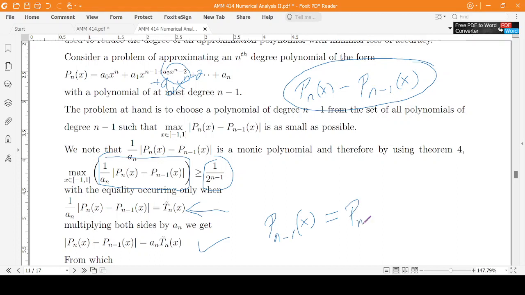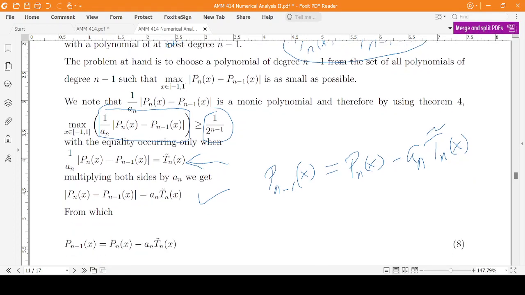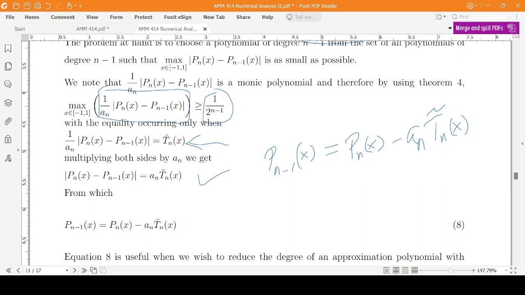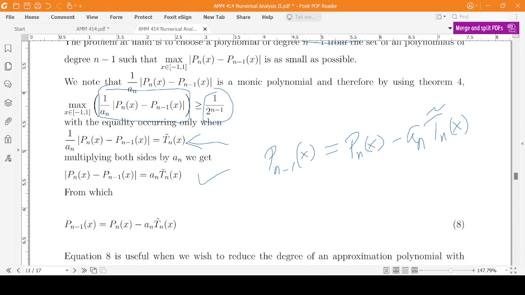So we get Pn of x minus an times the Chebyshev monic polynomial. So this will give us the best approximation for the polynomial of degree n minus 1.